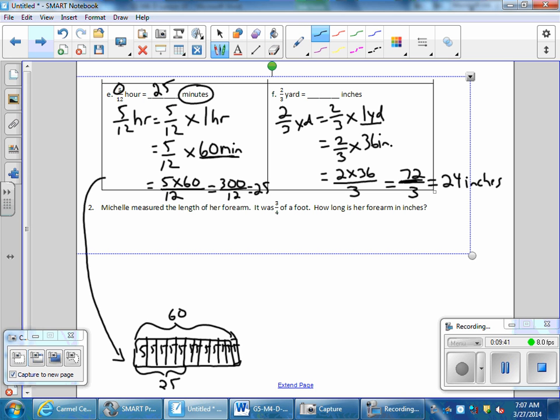Tape diagram. Come down here. My tape would look like this.